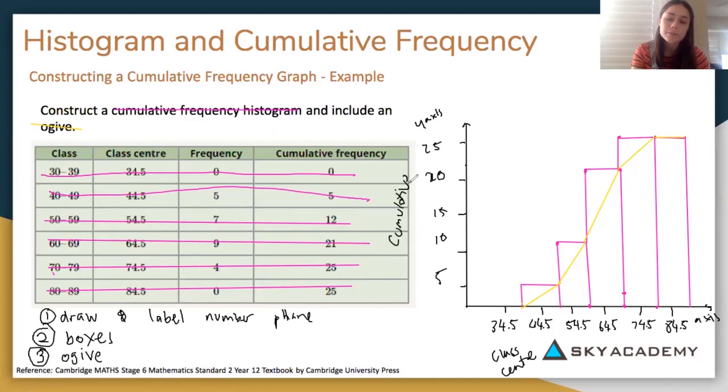And that's how you include an ogive, or a frequency polygon, onto your cumulative frequency histogram. You go from the bottom left hand to the top right hand corner of each box, and just connect them all together.